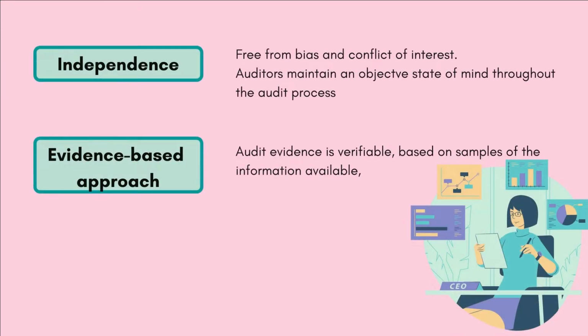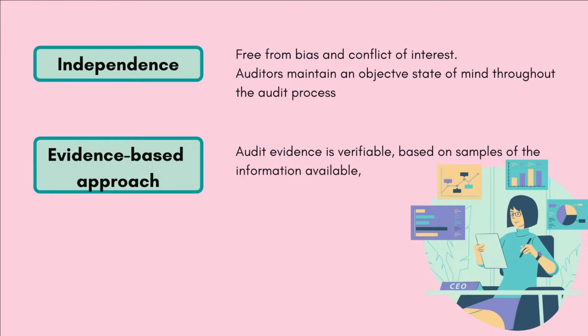The auditors in any organization should be independent of the work activity or the process they are auditing, free from bias and conflict of interest. Independence is the basis for the impartiality of the audit and objectivity of the audit conclusions. On the other hand, auditors should maintain an objective state of mind throughout the audit process to ensure that the audit findings and decisions will be based only on the audit evidence.